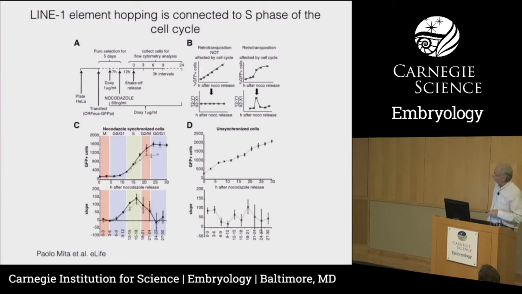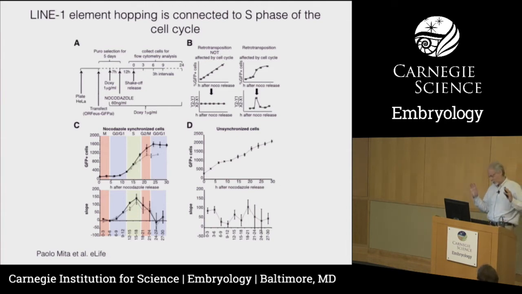And so, indeed, what we saw in this experiment was that when we took the first derivative, we saw the peak rate of GFP accumulation in the late S phase, and then by accounting for the amount of time it would take for the GFP to become expressed and so on, we inferred that the transposition would have taken place a couple of hours earlier in the S phase.